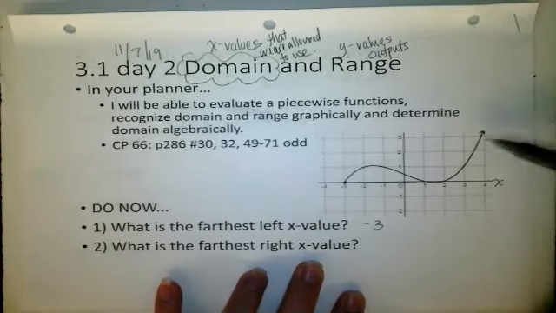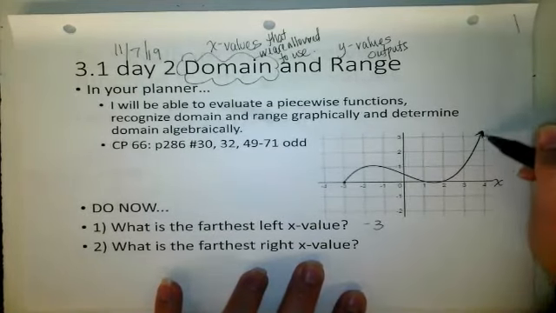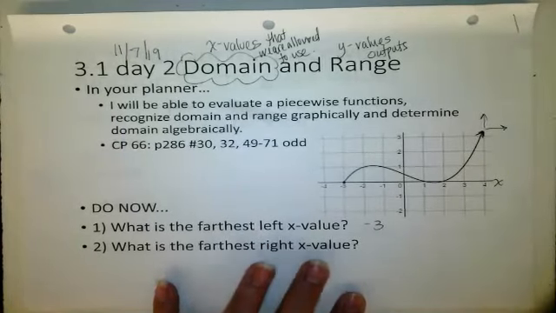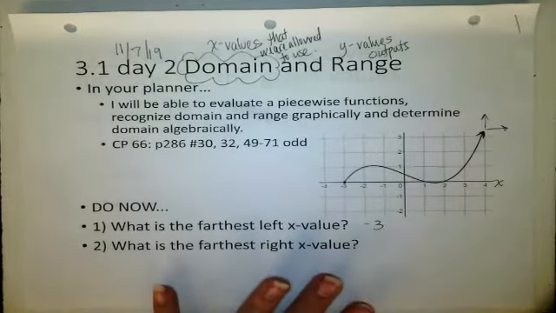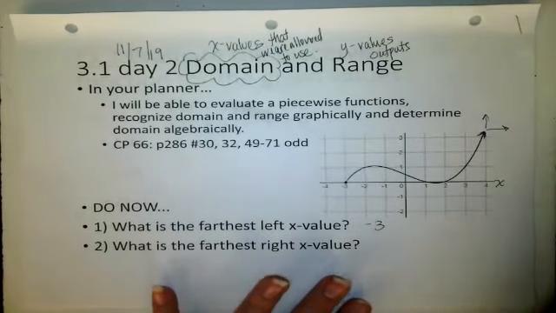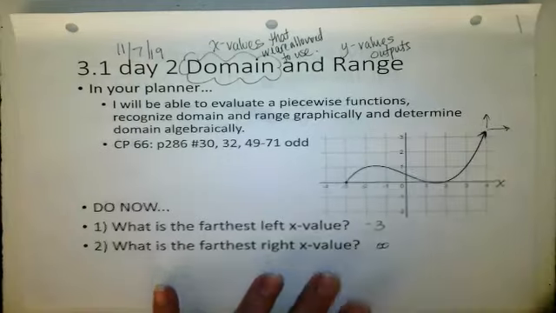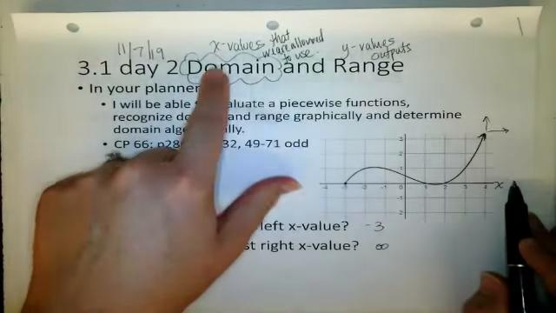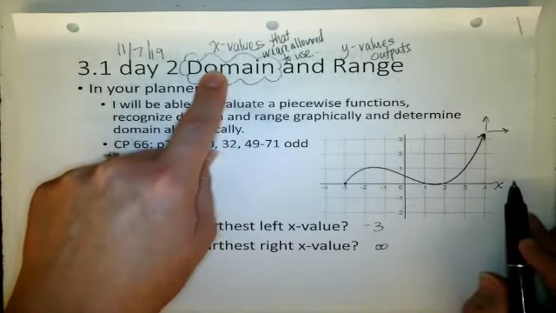Infinity. Very good. This arrow is pointing sort of up, but it's going up, and it's also moving to the right, isn't it? If you imagine that goes on forever, it is going to get all the way to positive infinity over there. So when we talk about the farthest left and the farthest right X value, we're talking about the x-axis, the X values, for domain.